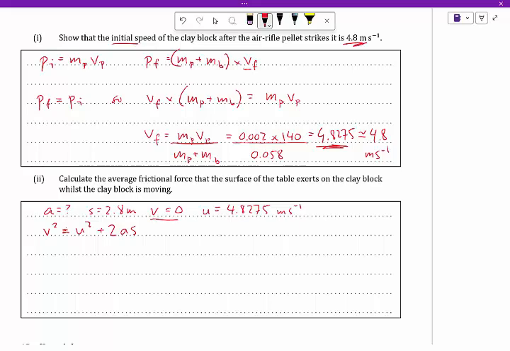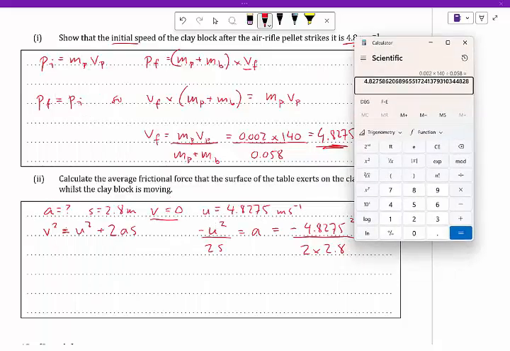And V is 0, so we end up then with negative U squared over 2S equals A, which is negative 4.8275 squared over 2 times 2.8. So let's just square that, and then put a minus sign, and then divide by 2 times 2.8.